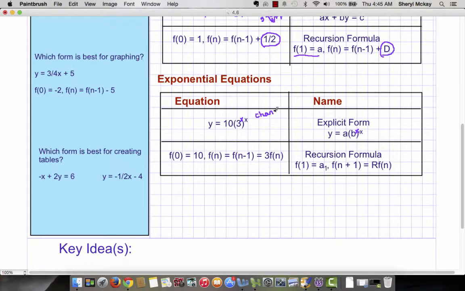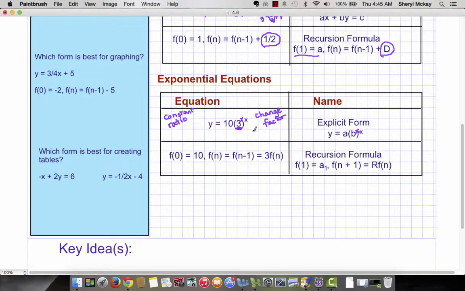And where do you think our change factor is, or our constant ratio, in this equation? You're right, it's right there. It's the 3, okay? The constant ratio.